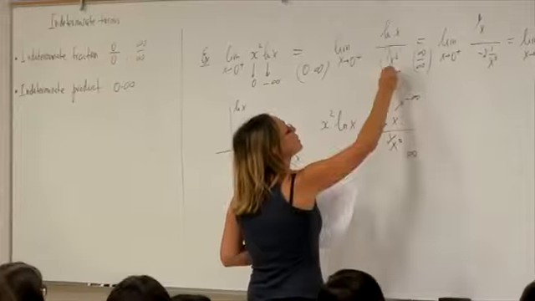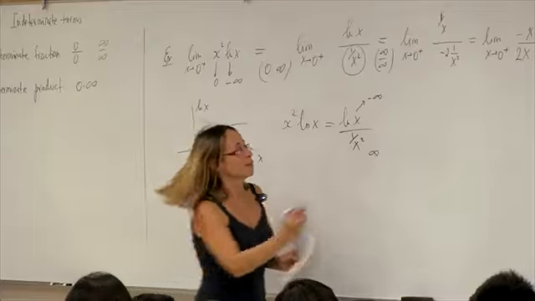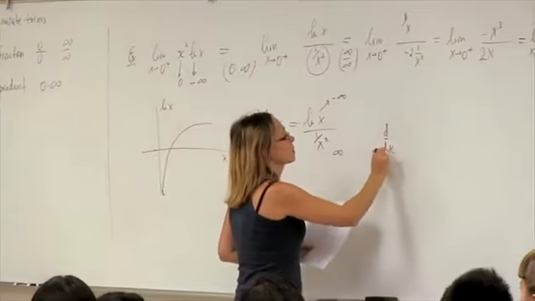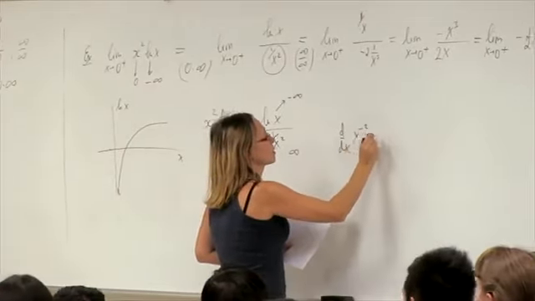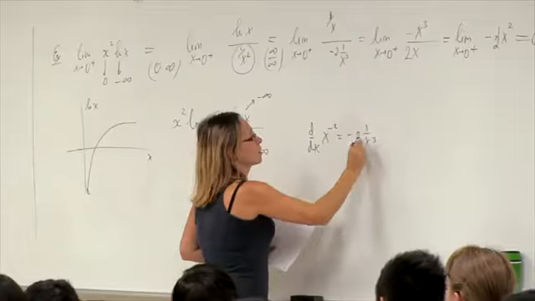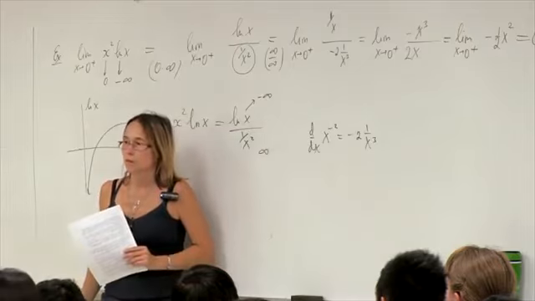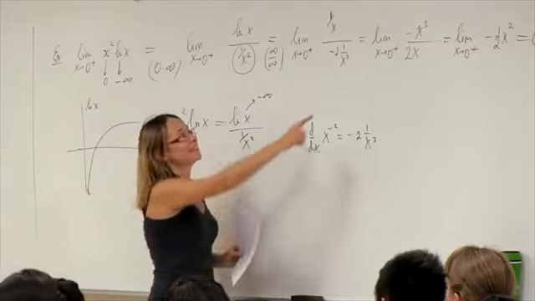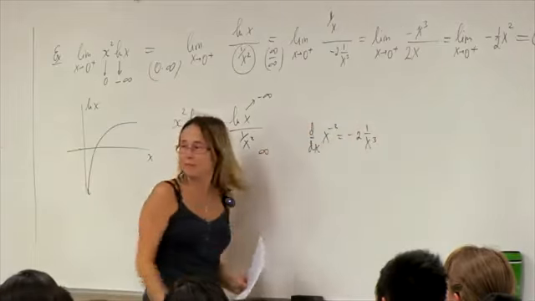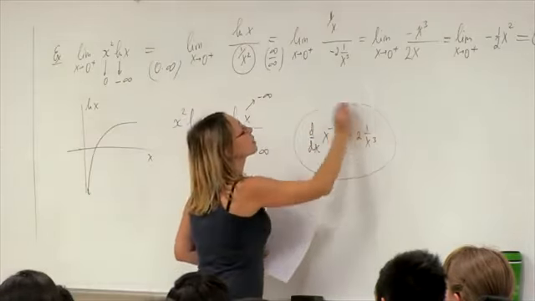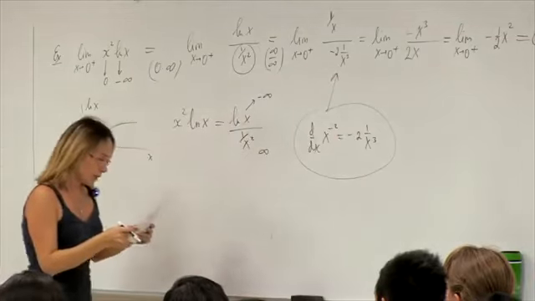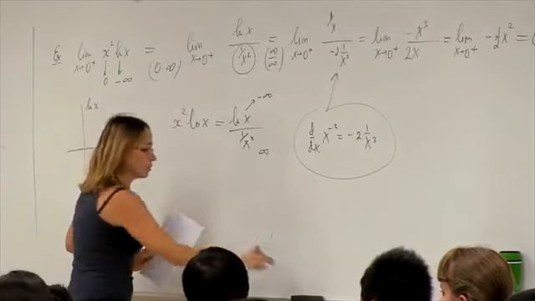This is a derivative of this. And so that's 1 over x to the negative 2? Oh. Right? Okay. Very good.